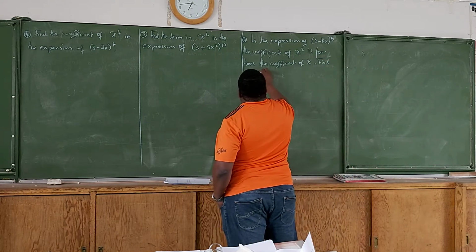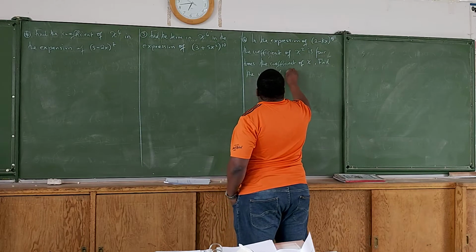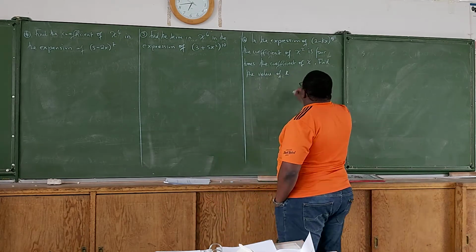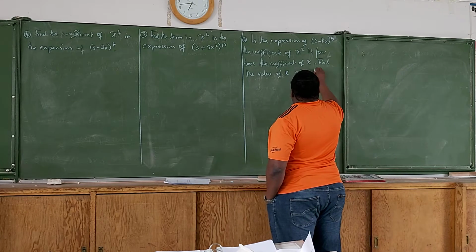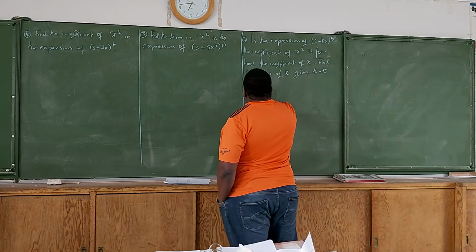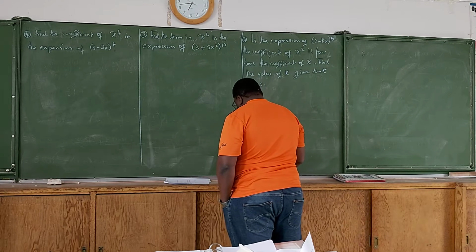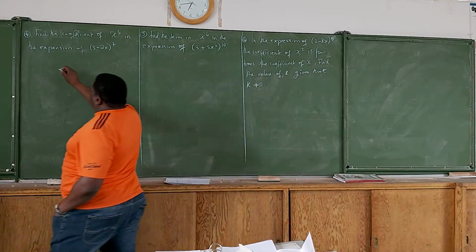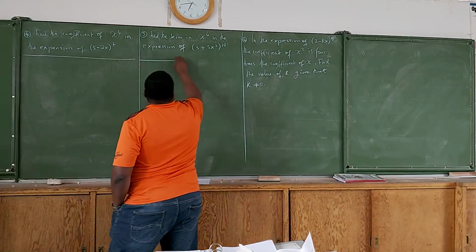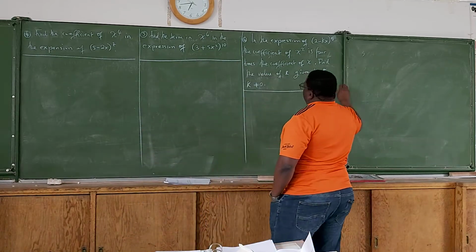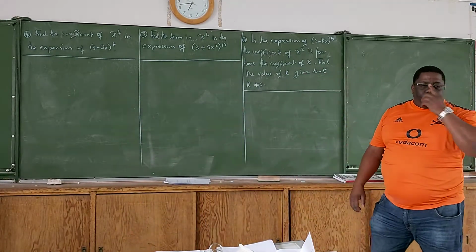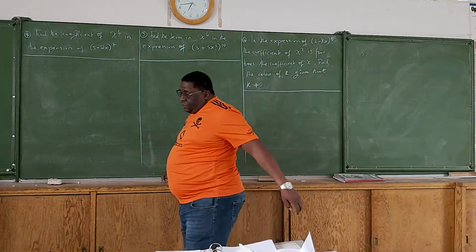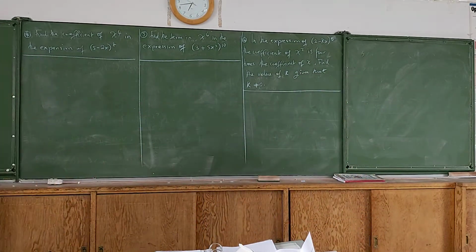Find the value of k given that k is not equal to 0. 3 questions, 3 solutions. I'm giving you 5 minutes. Nothing to fear.